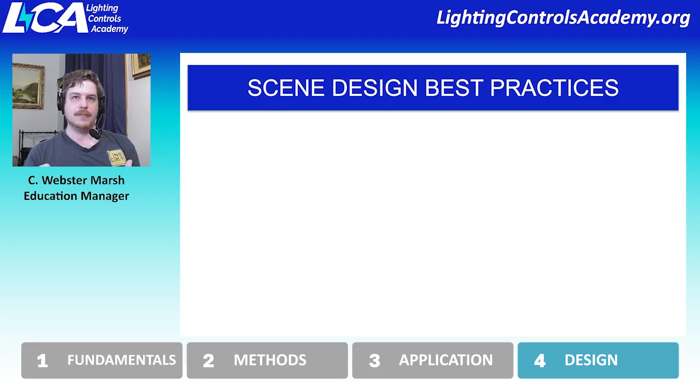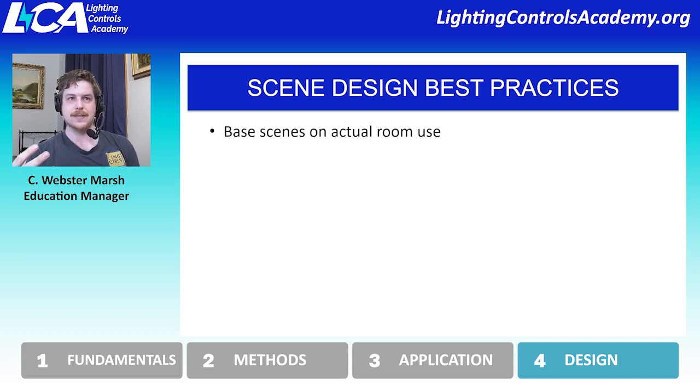So scene design best practices. So now we're talking about making the setting, the look for the space, the pre-recorded effect. So we want to make the scenes make sense for the actual room use. If it's an open office, we might have time of day kinds of settings, whereas in a conference room we might have task specific settings, present, meeting, stuff like that.